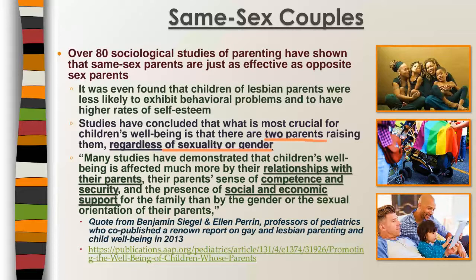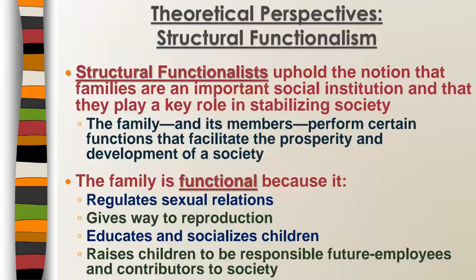Lots of studies have demonstrated that children's well-being is affected much more by relationships with their parents, the parents' sense of competence and security, and the presence of social and economic support for the family. That's really what matters for the well-being and health of a child, not so much the gender or sexual orientation of the people raising them.